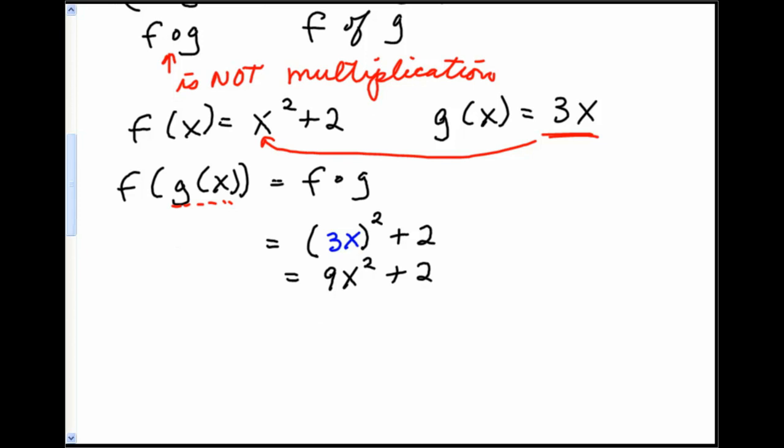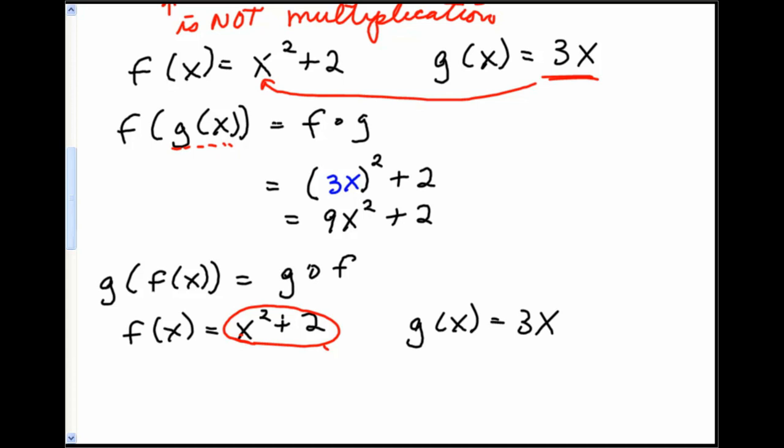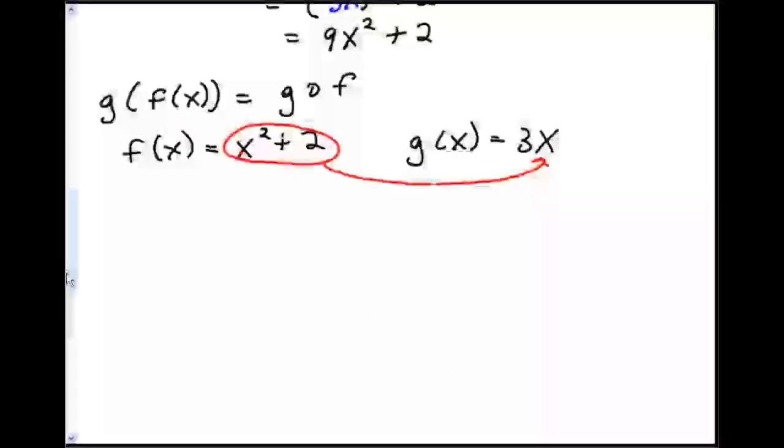Now let's do it the other way. Let's say we want to have g of f of x, meaning the f of x is going to be inside the g of x. So if our two functions, remember we had our two functions, f of x is x squared plus 2, g of x is 3x, the x squared plus 2 is going to get substituted for the x in the g of x.